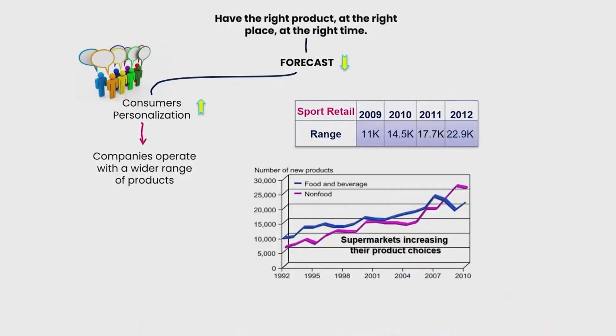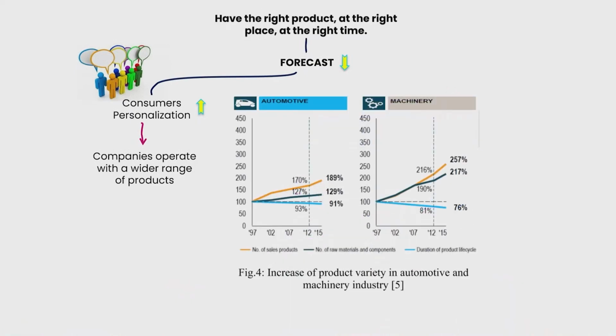Doubled. And of course, the non-food and beverage, even more. Exponential growth in range of products. And the same will happen in automotive. The orange line represents the number of different products that you're selling, and it's cascading, the number of different machines that we need in order to produce these different products.